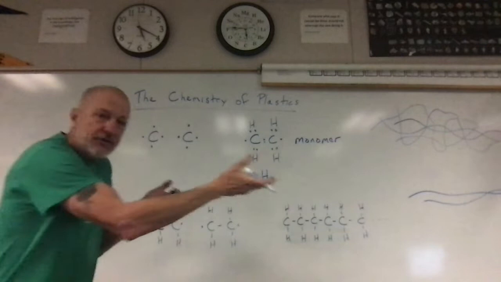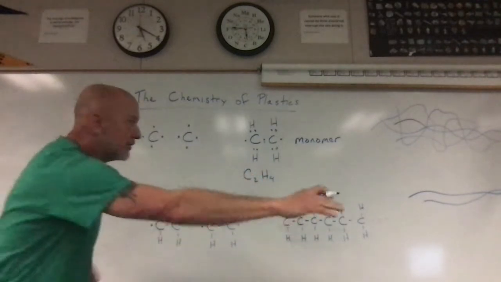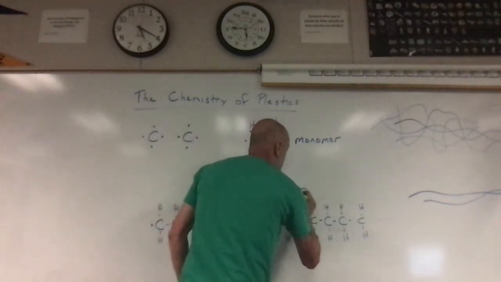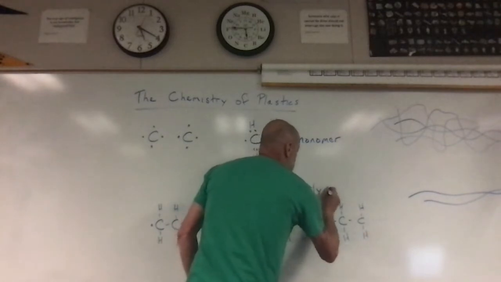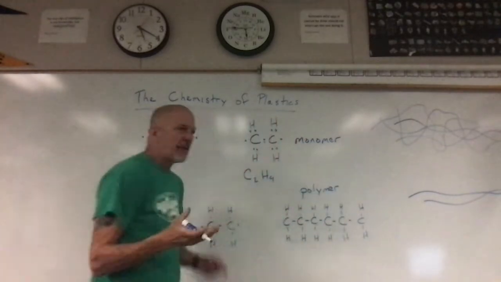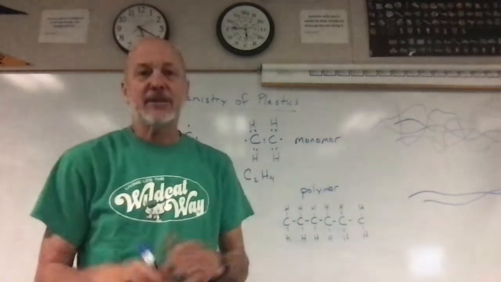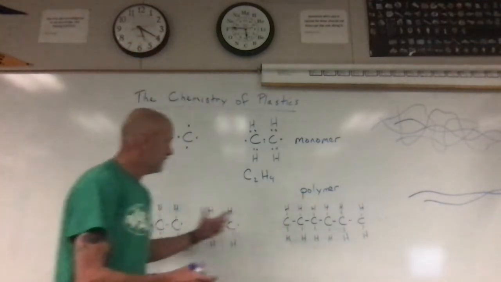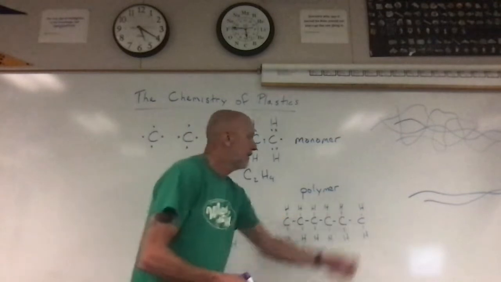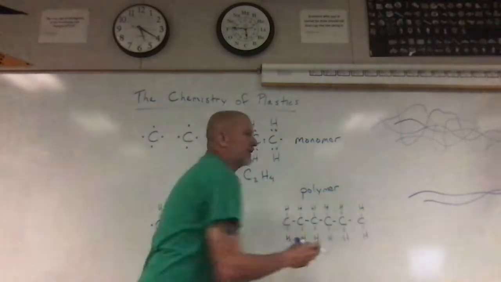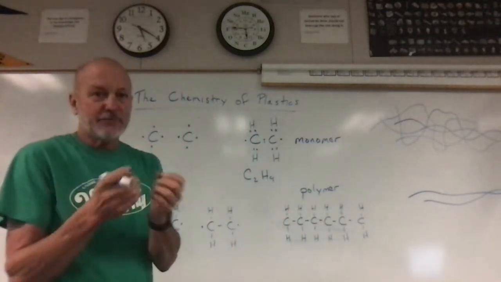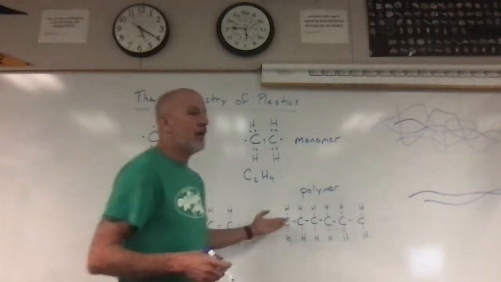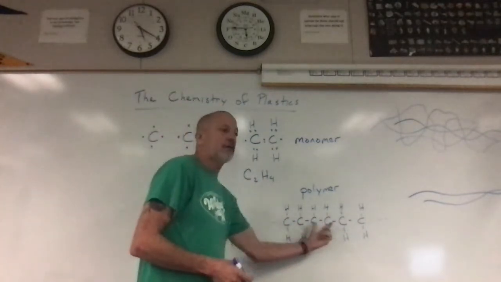Once we connect all these monomers into this long chain, we call it a polymer. So a slightly more technical name for a plastic is a polymer. Plastics are polymers, these long chains of continuing subsets linked together. Just like a chain is made of multiple links, a polymer is made of multiple monomers linked together.